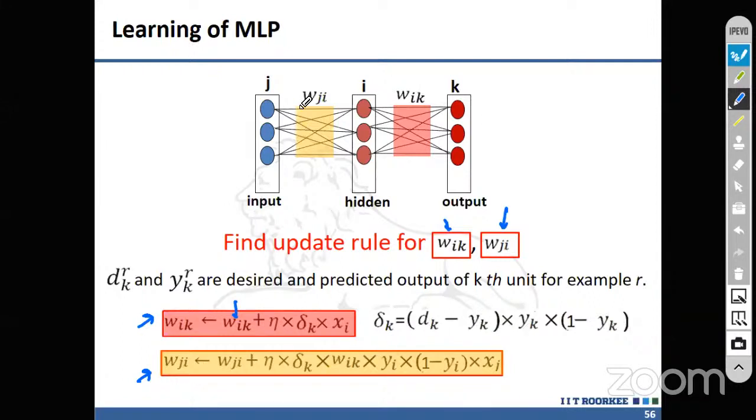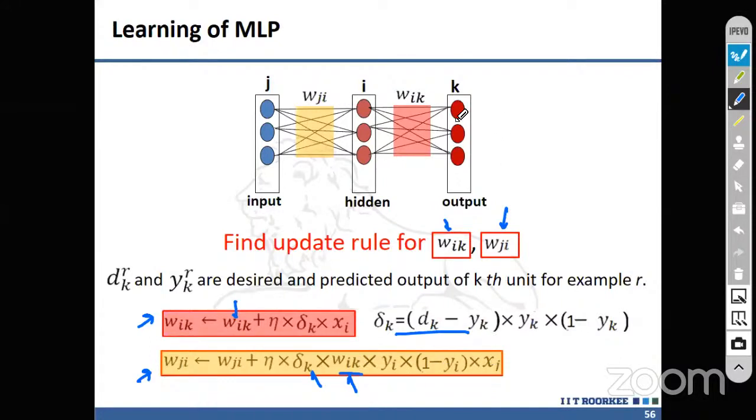And WJI is the old value of WJI plus eta into del K, whatever was there previously, and then WIK, the same value coming again, into Yi into 1 minus Yi into Xi.